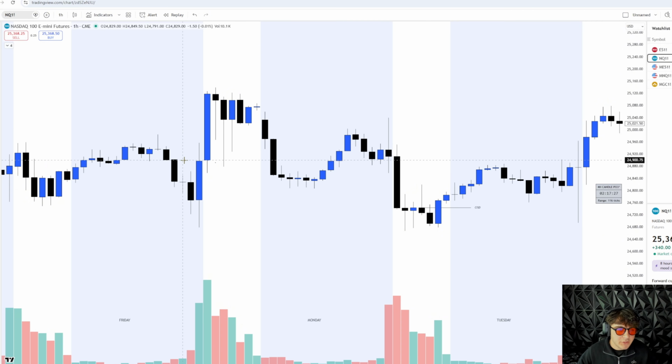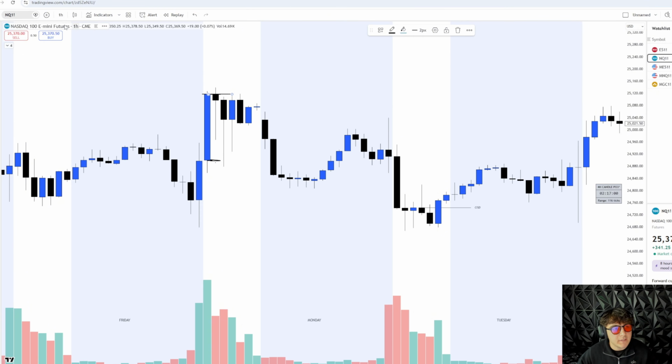But right now, what I want you to know, if it's a blue candle, so if it's a bullish candle, a move up, the bottom of the candlestick body is going to be where price opened. The top of the candlestick body is going to be where price closed. The wicks represent where price moved during that period of time.